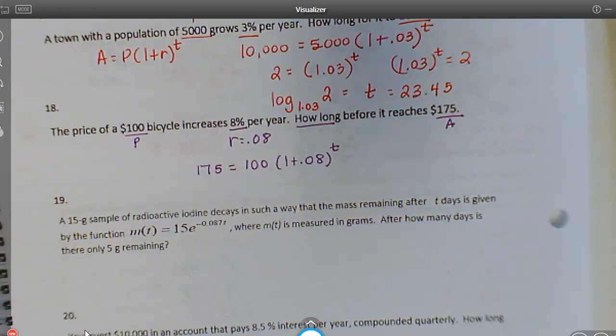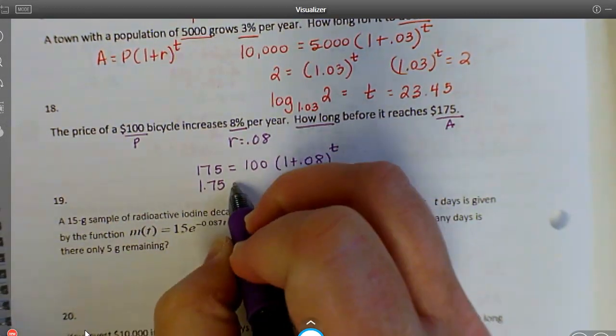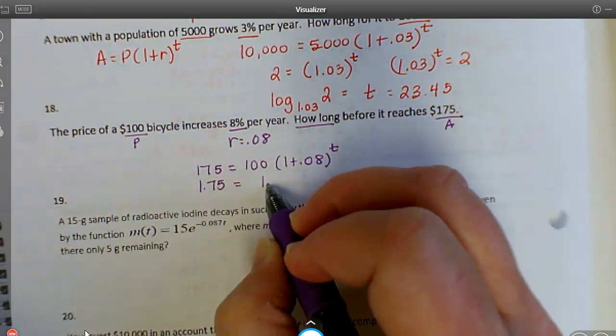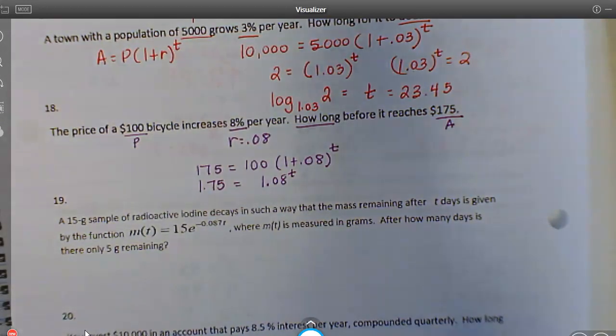Alright, so from there to solve it, I'm going to start by dividing by 100. So you get 1.75 equals, and I'll go ahead and add that, 1.08 to the t. To get that t to come down from the power, that's when we do the log. We just rewrite it in logs.